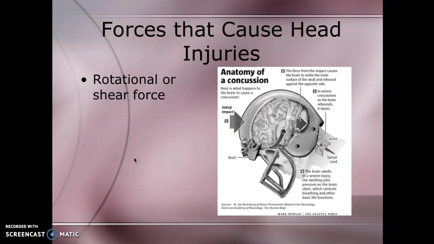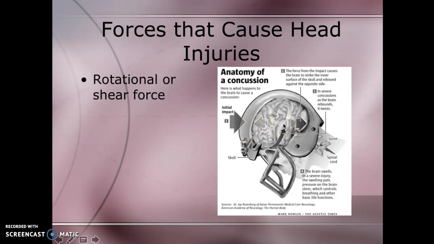Another force that we have to contend with is a rotational or shear force. This slide is a great description of what happens in the brain to cause a concussion. In the sport of football, if they hit with the front of their helmet, the force is transmitted backwards and the brain shakes around like this, bouncing around on the inside of the skull.